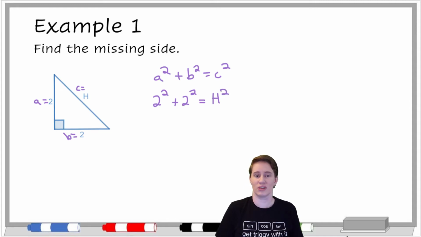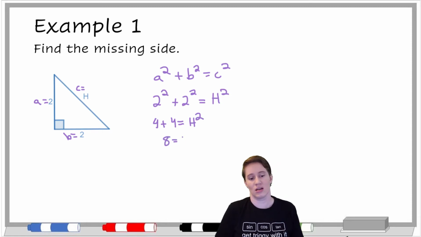To solve this, we square each of these 2s first. Exponents come before addition in order of operations. So 2 squared is 4, and 2 squared again is also 4. Now we can add: 4 plus 4 is 8.